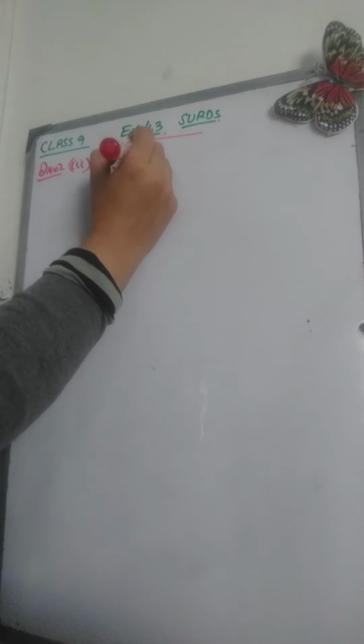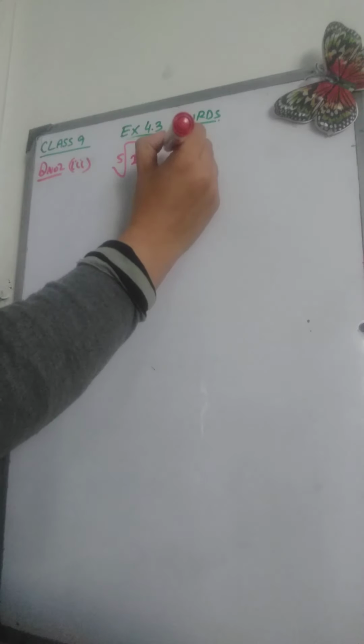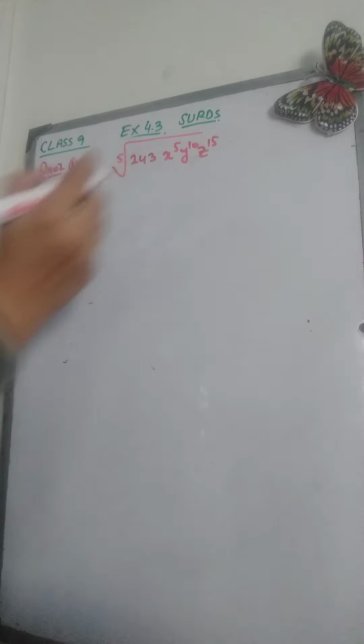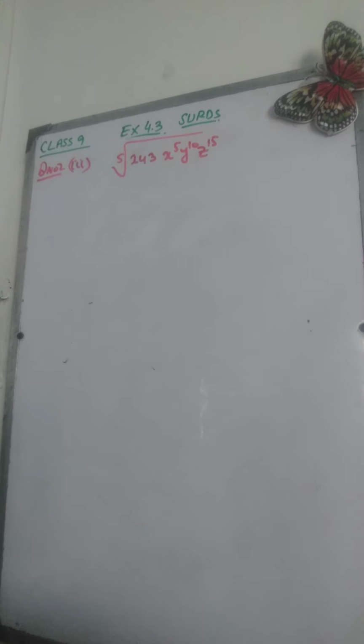Now the next question is the fifth root of 243 x raised to power 5, y raised to power 10, and z raised to power 15. Again, we are going to do the prime factorization.